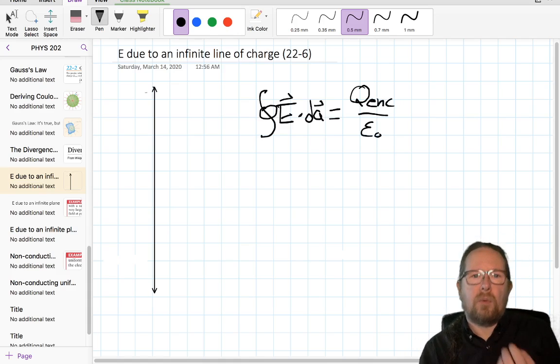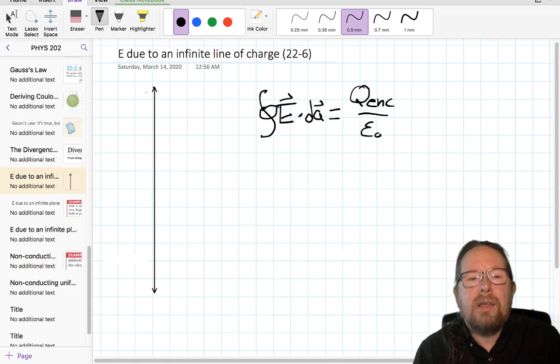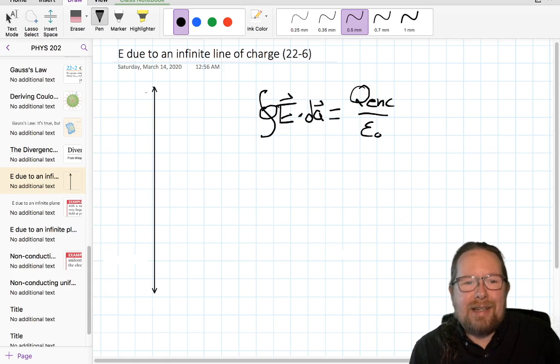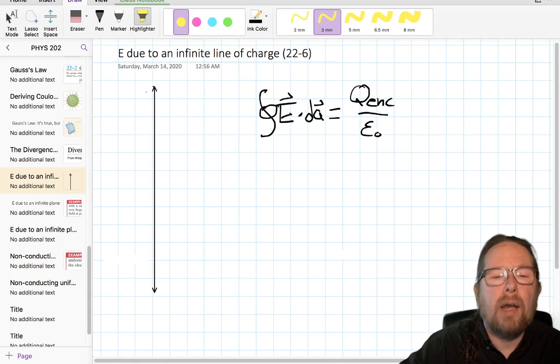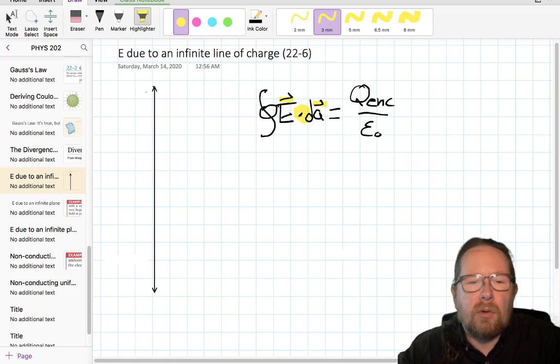And we said last time we were talking about Gauss's law that this integral is, in general, really complicated because you can't be guaranteed that for any particular electric field that the electric field vector and the area vector are perpendicular to one another.